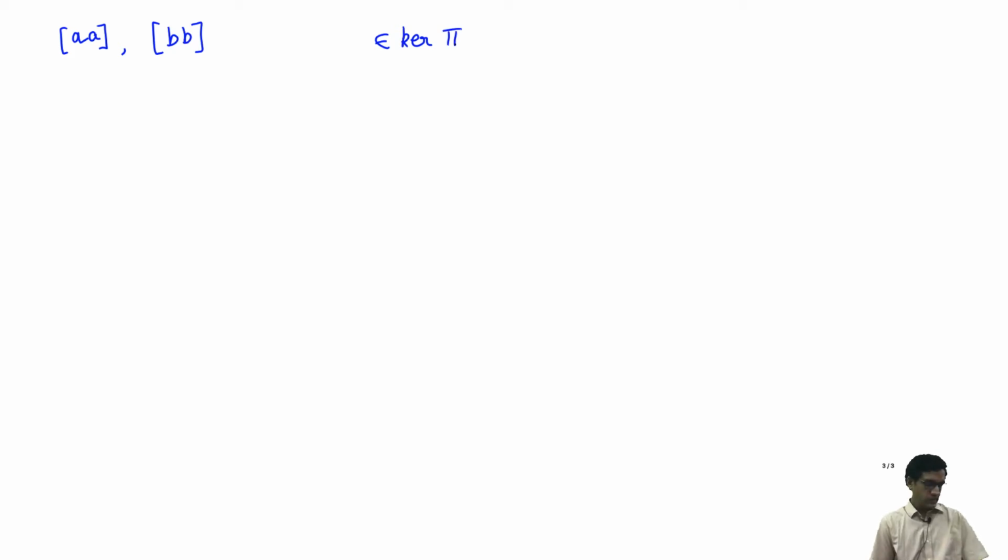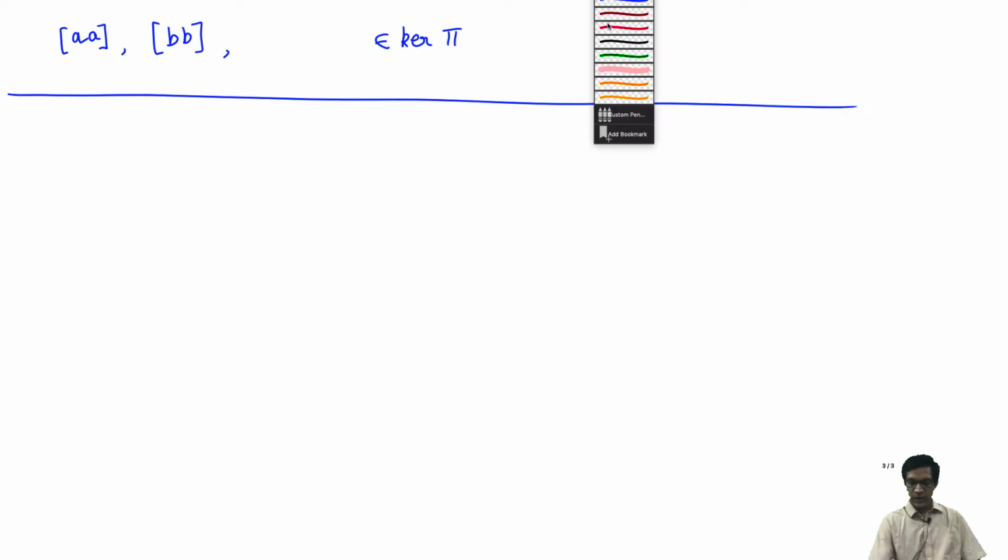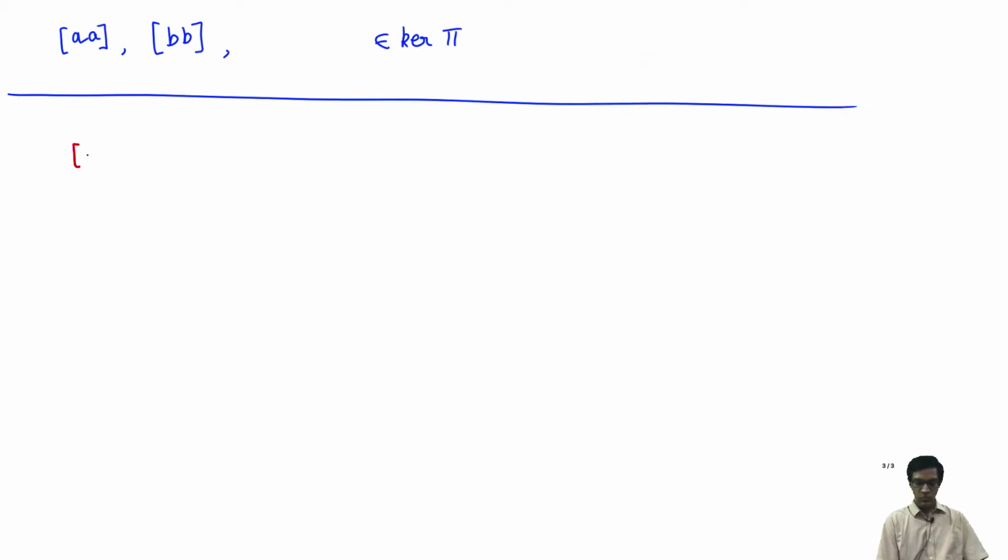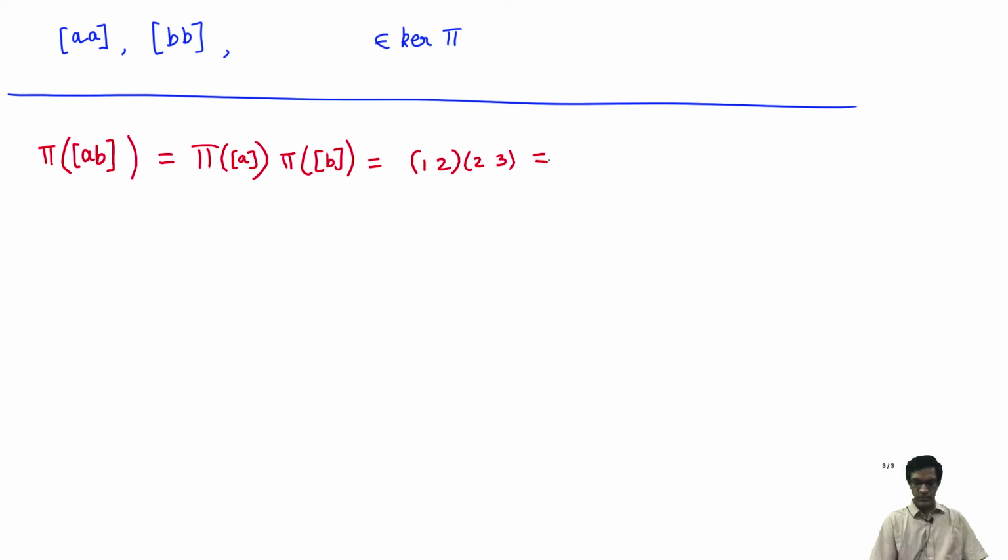In fact, there is yet another word which involves both A and B, which we can write down. Let's look at the product of the two. Suppose I take the word AB, which is the product of the words A and B, and I compute the image of that under pi. It's pi A times pi B. That's the product (1 2)(2 3), which is the 3-cycle (1 2 3) in S3.